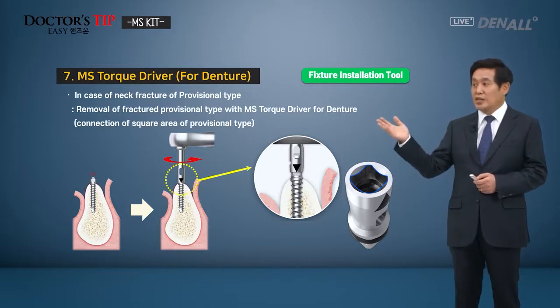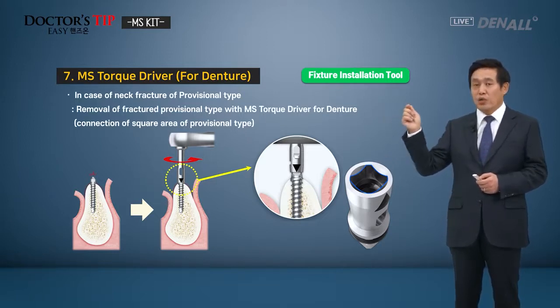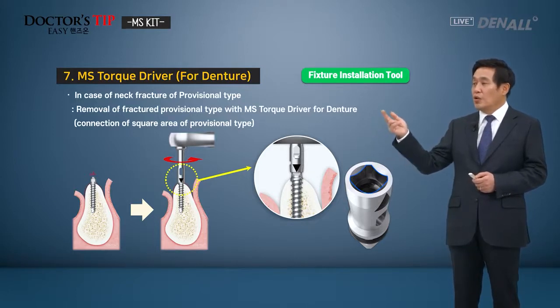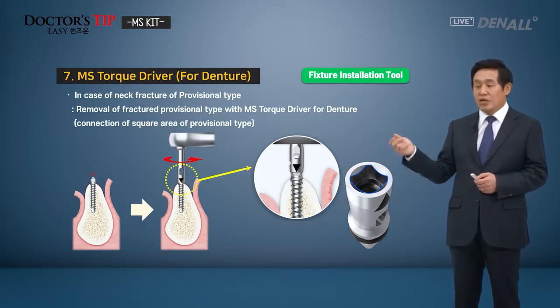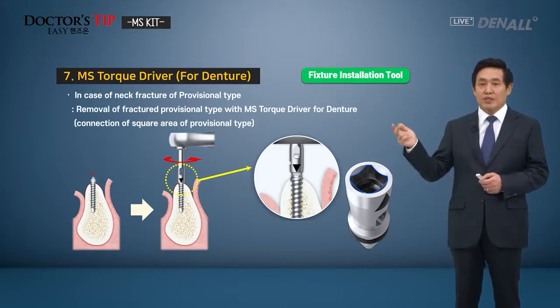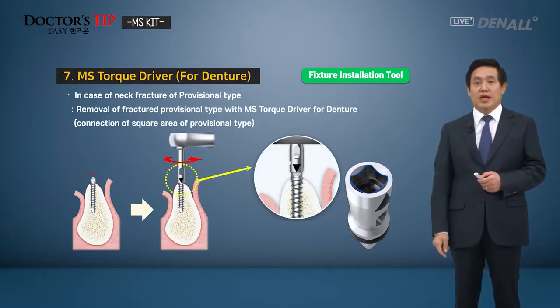But fortunately, for the provisional implant, not the upper part, but below the neck, in the bending part, it's the same type as the denture. Therefore, with this denture type torque driver, the fractured provisional type MS implant can be removed very easily. Again, I'll show you this in the hands-on session.